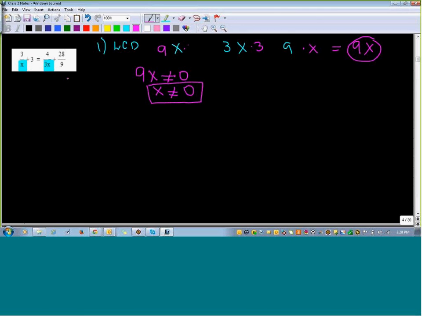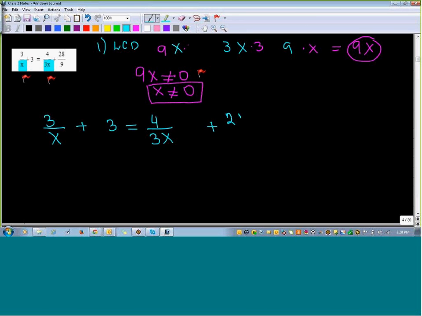Denominators are integers here. Okay? So we're doing the same thing. We're multiplying everything by that LCD. It doesn't matter whether you put it before the fraction or after, right?